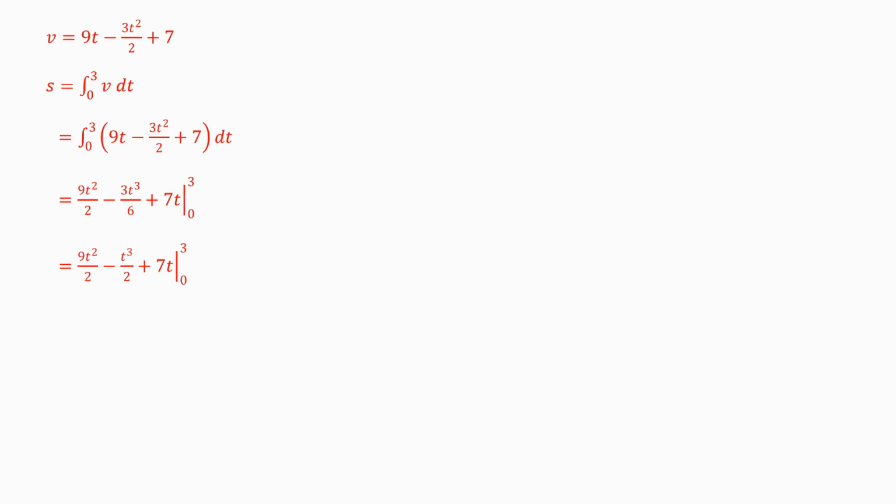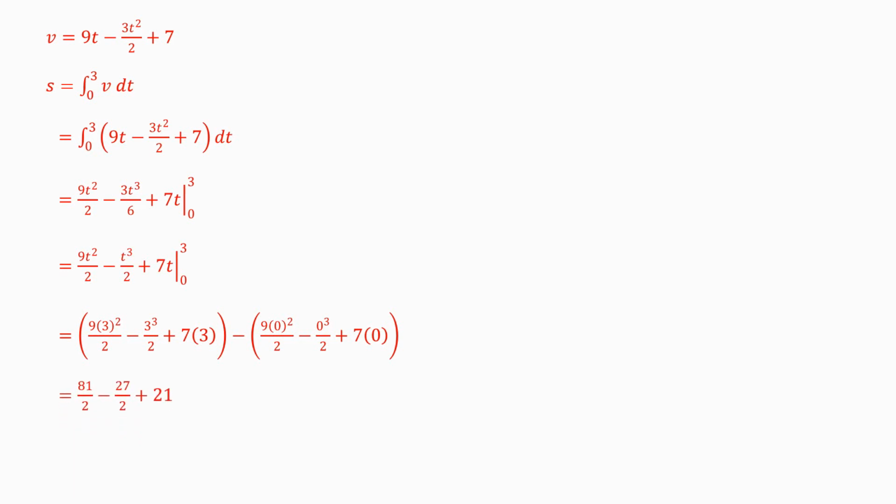So we substitute the values of t by the values of 3 and 0, and therefore we have 9 into 3 squared over 2 minus 3 cubed over 2 plus 7 into 3, minus 9 into 0 squared over 2 minus 0 cubed over 2 plus 7 into 0.